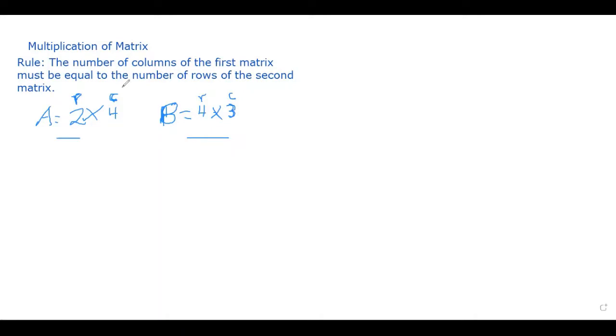Now, how many columns do we have in the first matrix? 4. Must be equal to the number of rows in the second matrix. How many rows do we have? 4. So can you multiply or not? Yeah, we can multiply because they are the same.